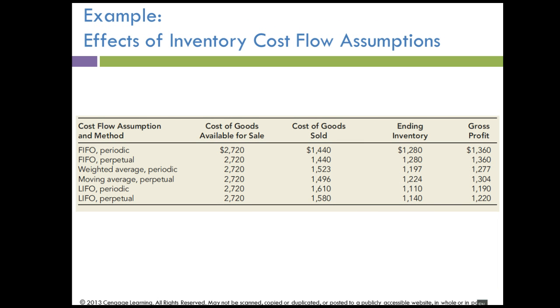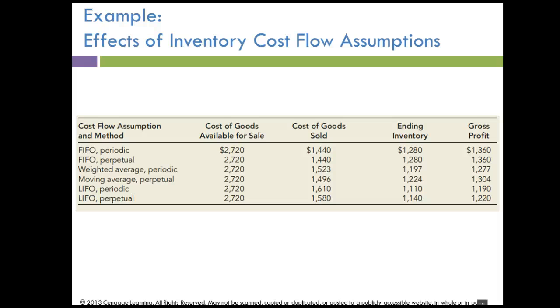Now, why does any of this matter? Well, it matters because based on the method we use and based on inflation or rising prices, certain methods will come out with a lower net income versus a higher net income. So as you look here on our various flow assumptions, when we're dealing with FIFO, we've got either periodic or perpetual.